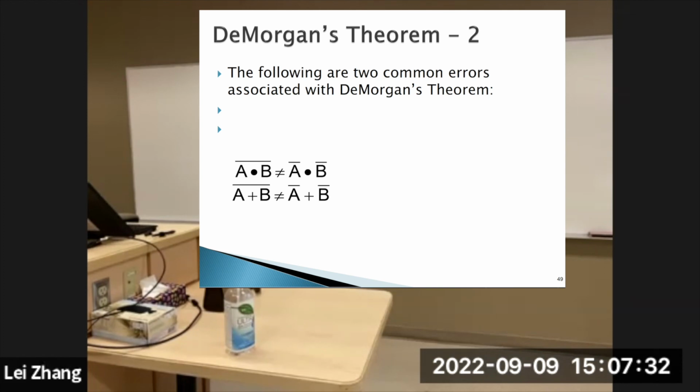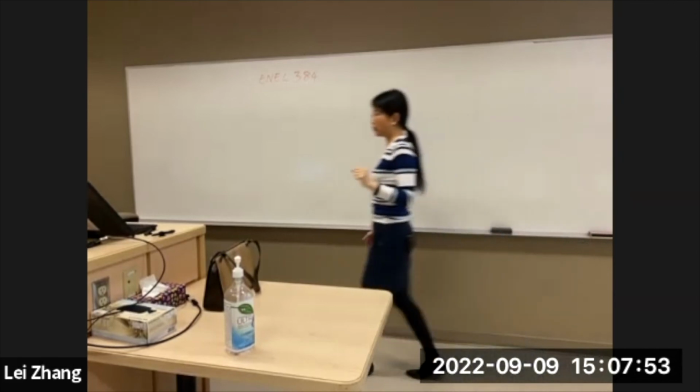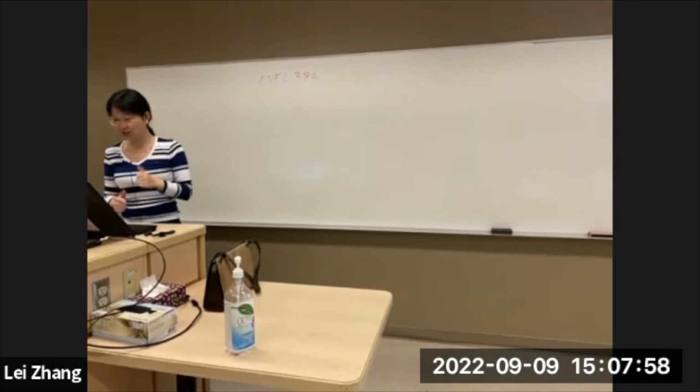So a NAND gate is not equal to two inverted inputs ANDed together. This is wrong. Similarly, for the NOR gate, we break the line but we didn't change the sign. So this is also wrong. These are two common errors. So two steps: break the line and then change the sign. Don't just do one step.